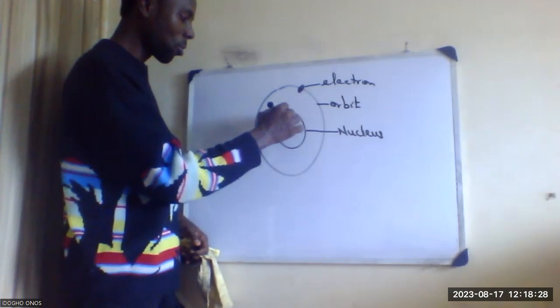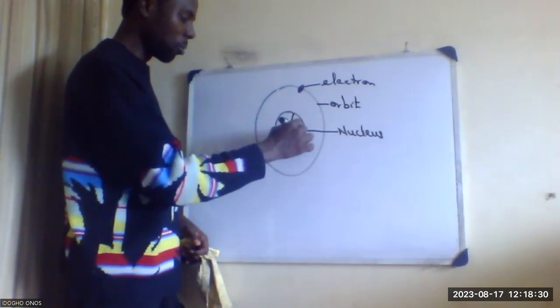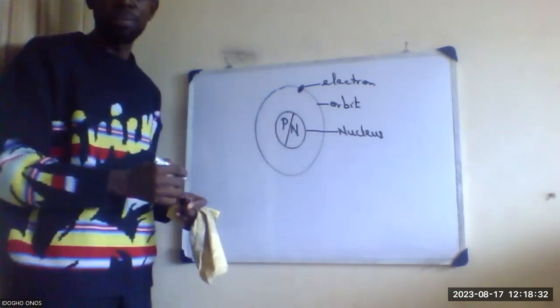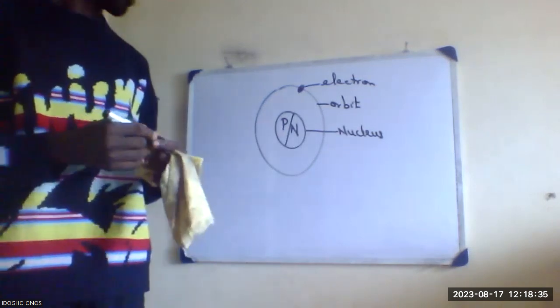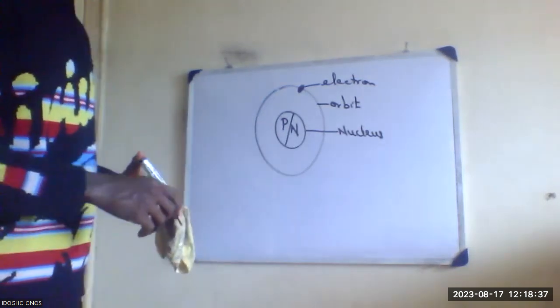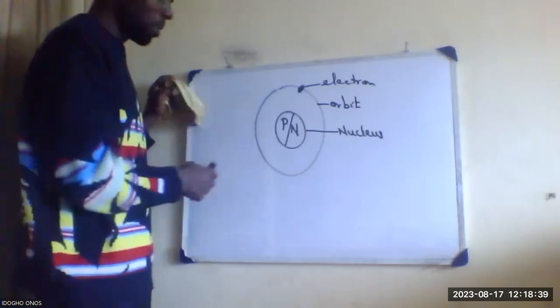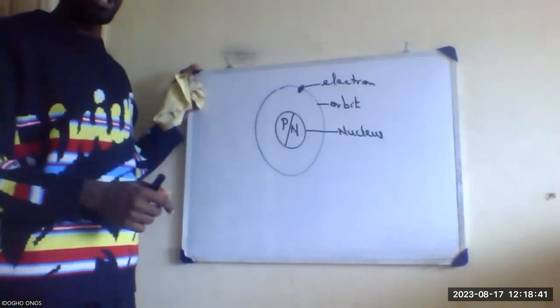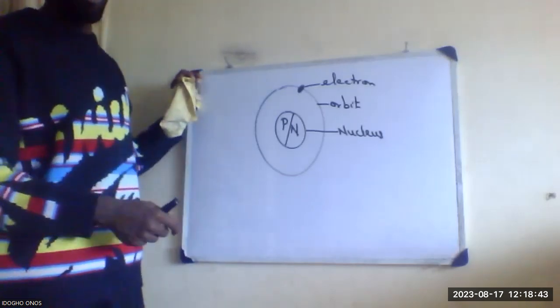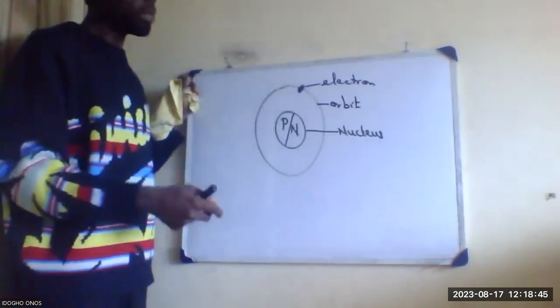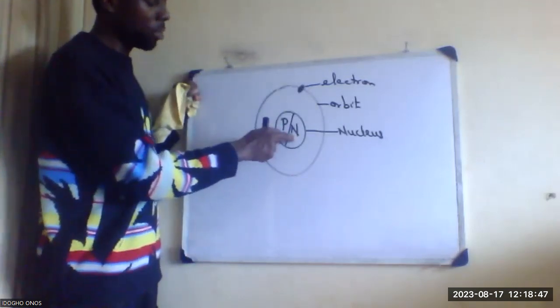So inside this nucleus, we have proton and we have neutron. So the nucleus of an atom, which is actually responsible for the mass or weight of an atom, is made up of proton and neutron.